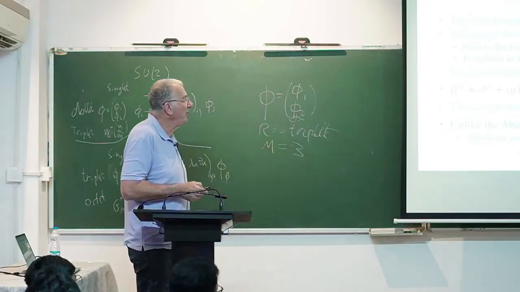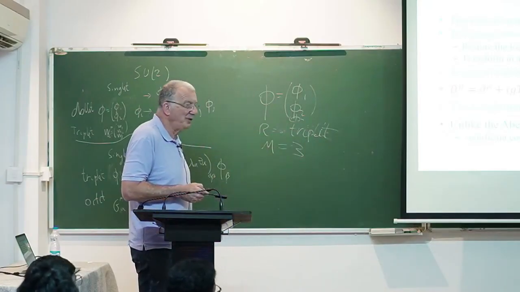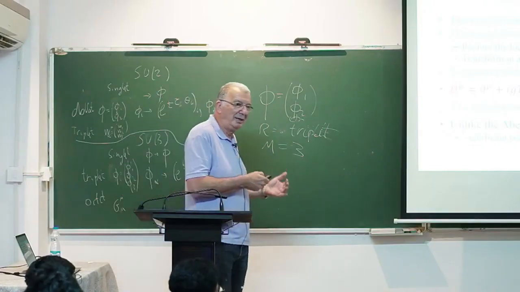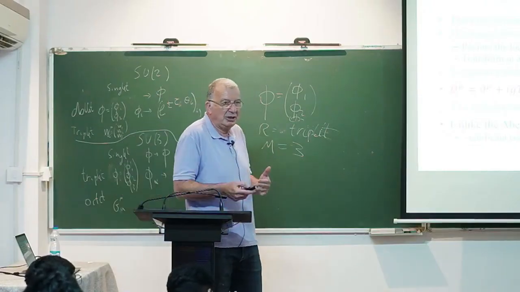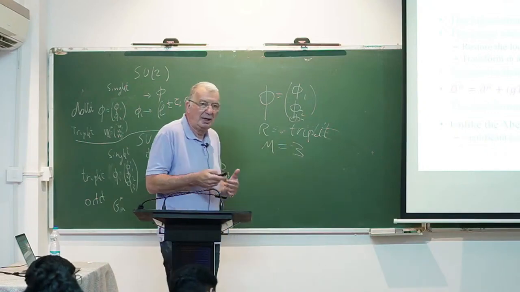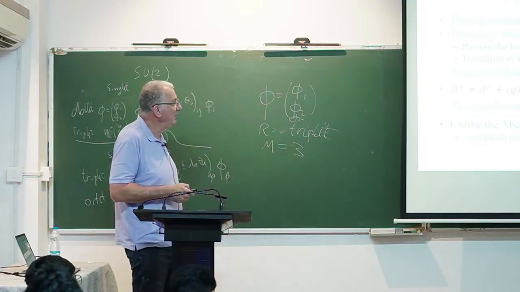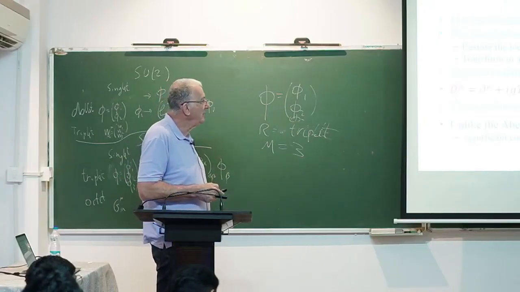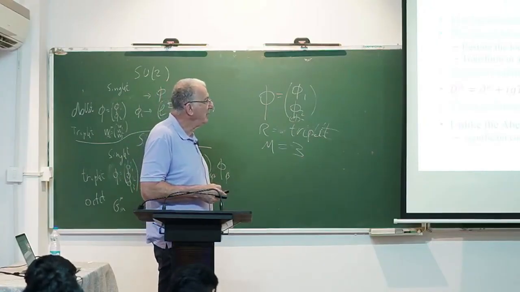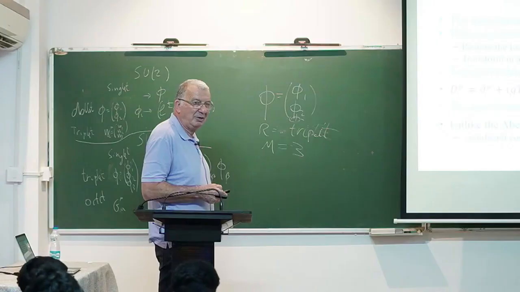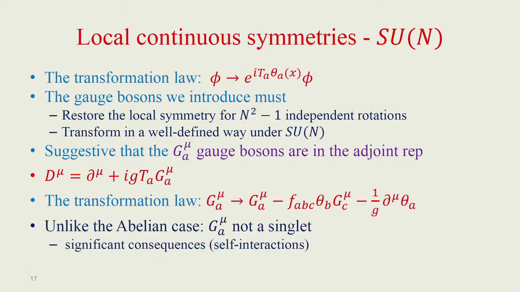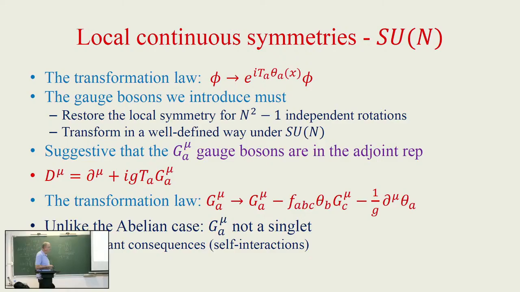So the fact that we have to add n squared minus 1 of these and they have to transform in a well-defined way under SUN suggests that we must put them in the adjoint representation of SUN. And so the way to do it is to add vector bosons that are in the adjoint representation of the group. Vector boson under spacetime, adjoint under the internal symmetry group.